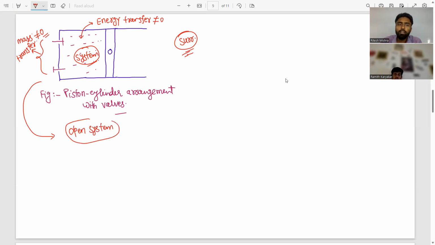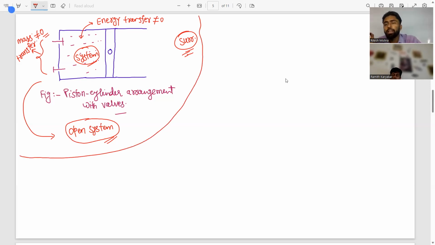Whenever you are asked for an example of an open system, tell them the piston cylinder arrangement with valves is an example of an open system, because in this example, as you see, mass transfer and energy transfer both occur between the system and surroundings.